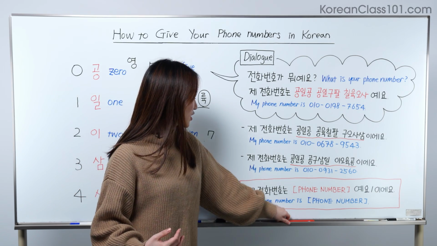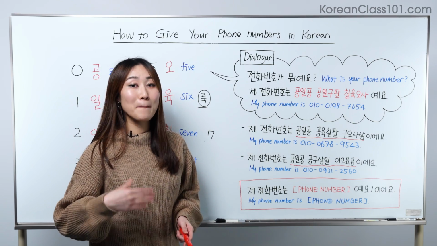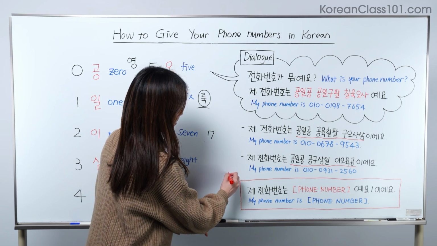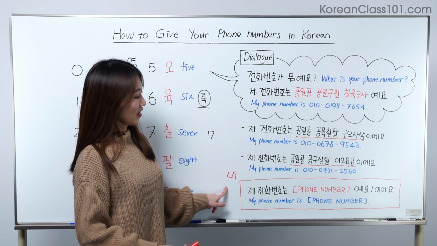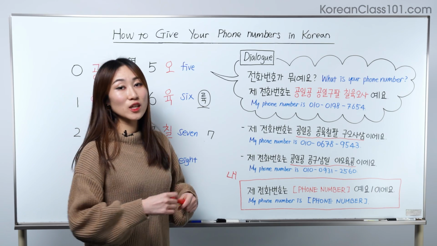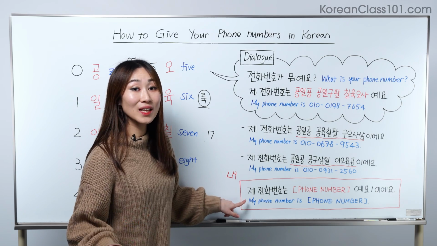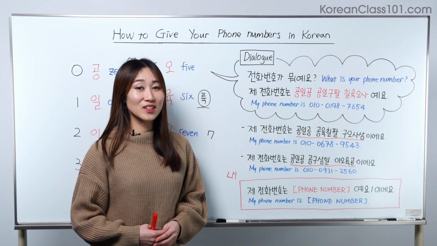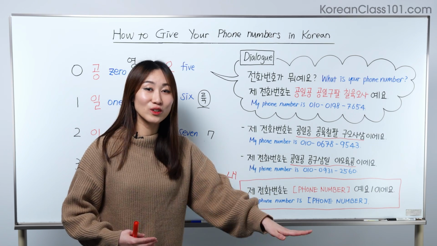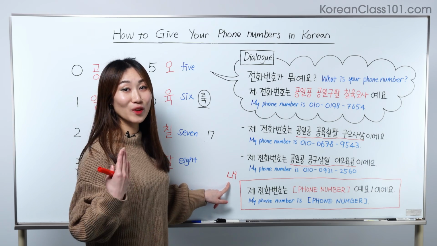So there is another way to say my, which is 내. It's very casual, so you are not using it when you are saying politely, but when you use casual language between friends or talking to someone who is much younger than you, then you are using this. My phone number is 내 전화번호는.